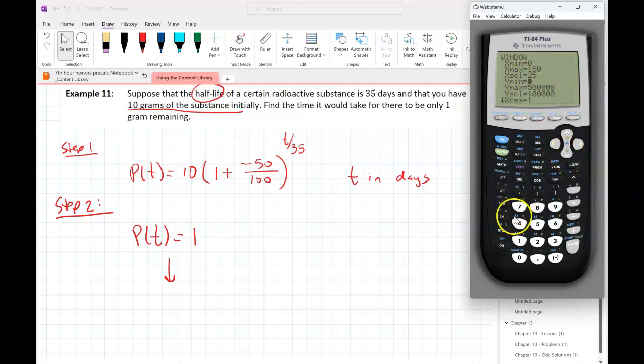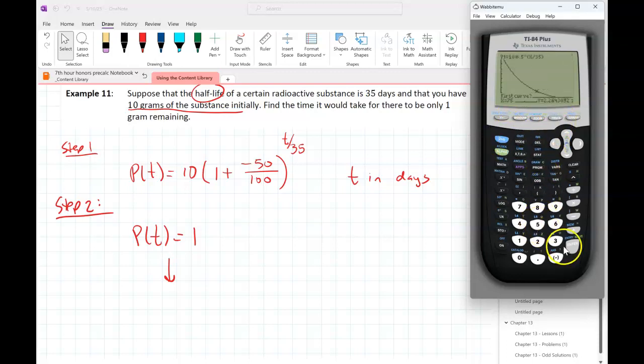And then the min for a decay is always going to be 0. You can't get less than 0 of something. And the most we'll ever have is at the beginning, since we're decaying, so that should just be 10. And that should do it. Let's hit graph and take a look here. There's my radioactive decay model. There's 1 gram.